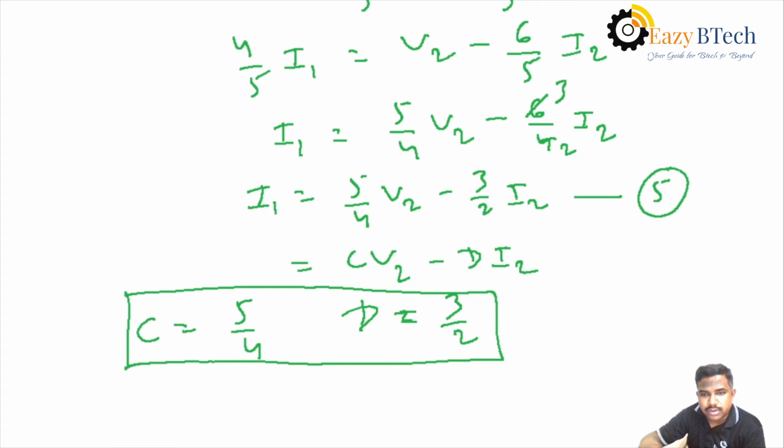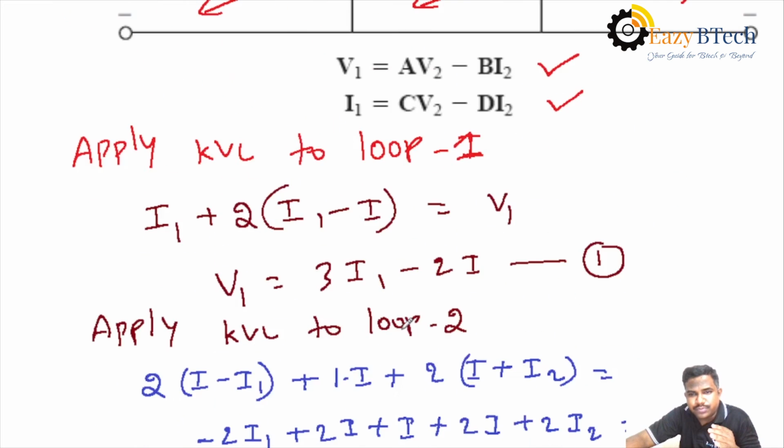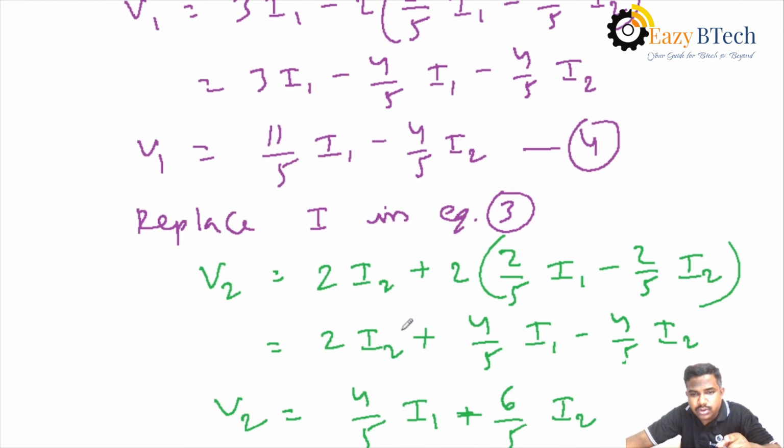Then how to find them? Observe equation 4, that is the V1 equation in terms of I1, I2. What is the standard equation of V1? A into V2 minus B into I2. That is, you have to derive the equation of V1 in terms of V2, I2. That's why in equation 4, you have to eliminate the value of I1.